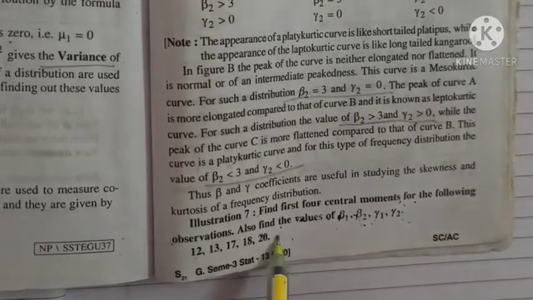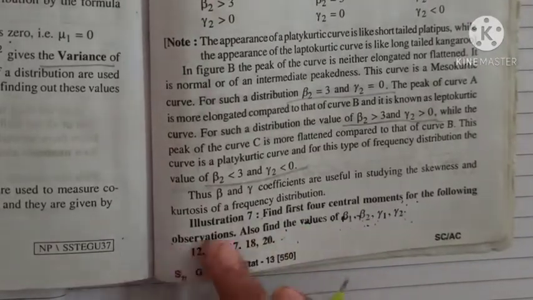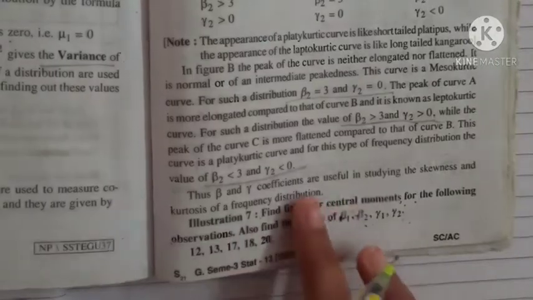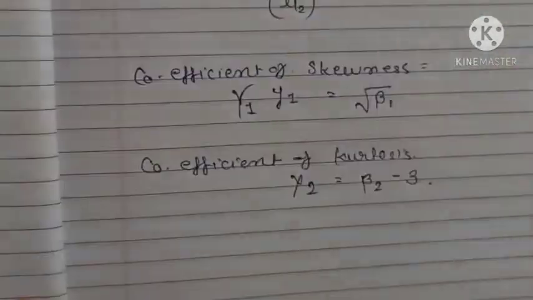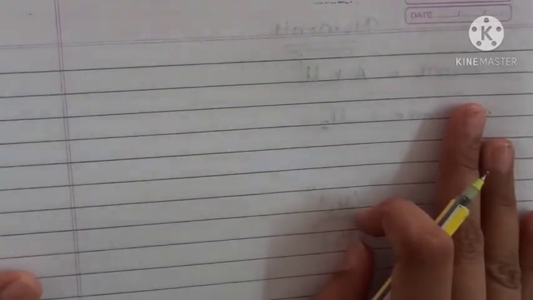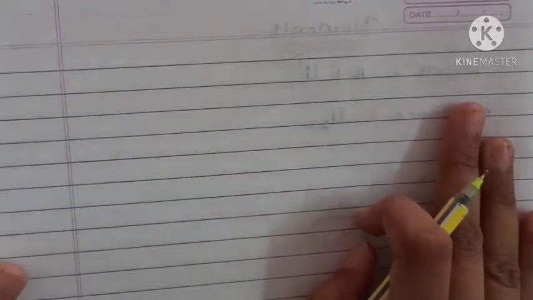Using these observations, we can first find out the four central moments, using the formula sigma x minus x bar upon n for mu 1, and similarly for mu 2, mu 3 and mu 4. I am not calculating the four central moments here, as you can calculate them on your own, and it is very easy. It was covered in our previous lecture also.